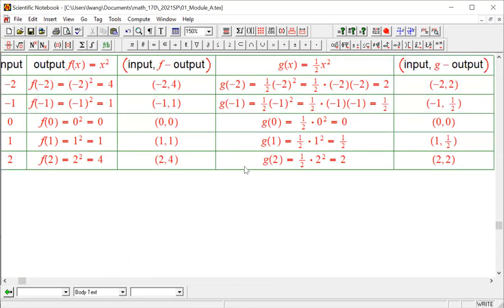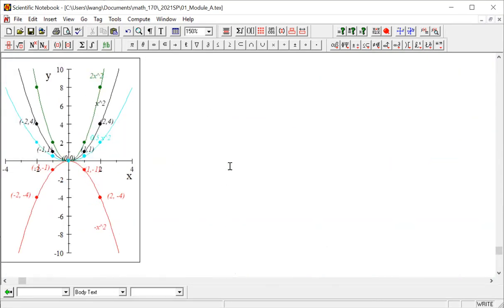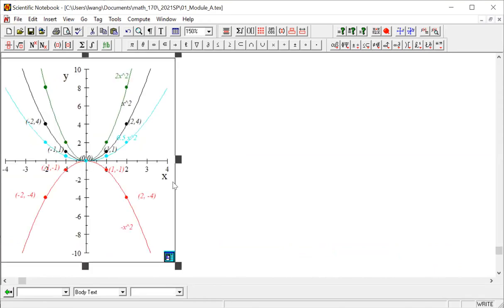Here we go. Okay, so this picture summarizes the phenomena that we just observed. They're marked on the picture, but I'm going to just mark it one more time.